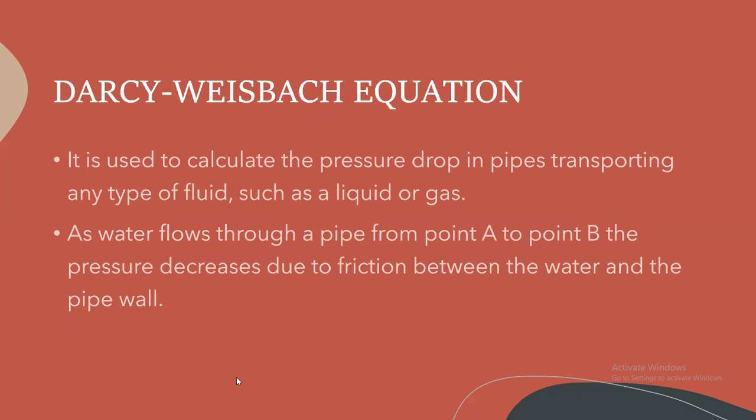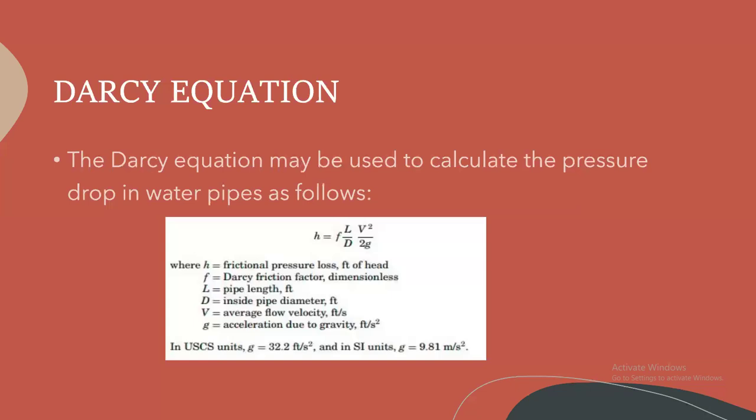As water flows through a pipe from point A to point B, the pressure decreases due to friction between the water and the pipe wall. The Darcy equation may be used to calculate the pressure drop in water pipes as follows.